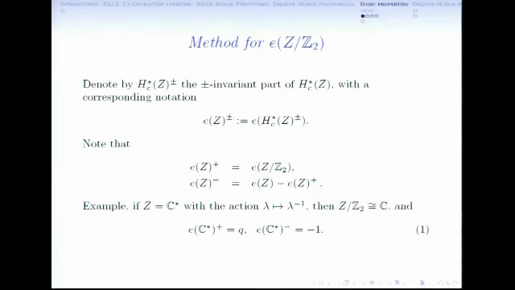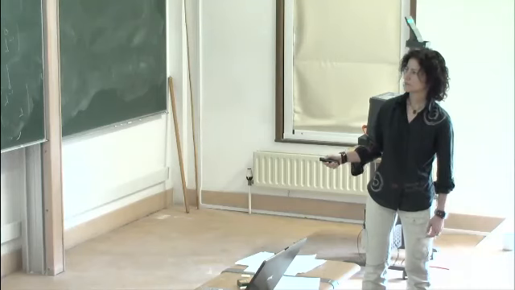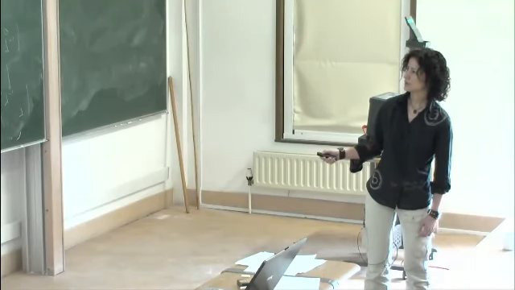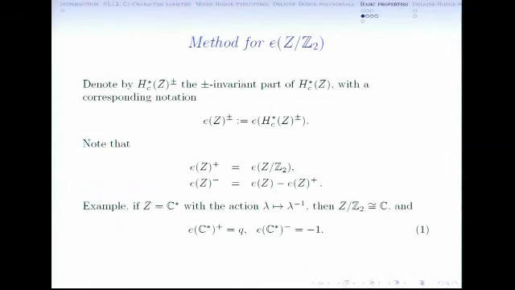So, as an example, let's take X equal to C star. With this action, one can see that there is an isomorphism from C star by Z2 to C, sending the 0 to the infinity. So then one sees that the plus part will be Q, and the minus is just the rest: Q minus 1.